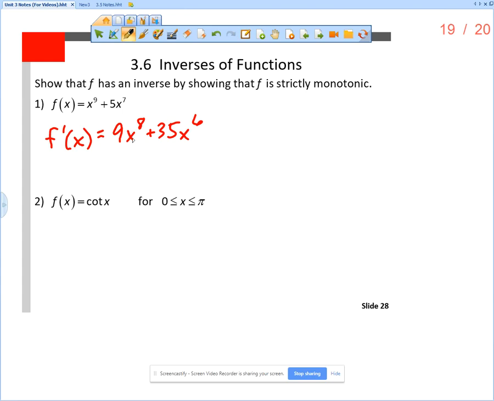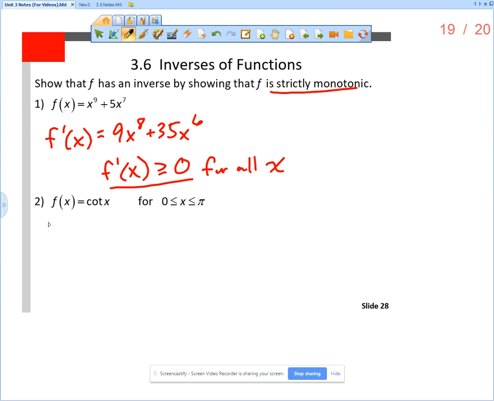So 9 times a positive number plus 35 times a positive number is going to be positive, unless we plug 0 in, which would be 9 times 0 plus 35 times 0, so that would equal 0. So f prime is, in fact, greater than or equal to 0 for all x. And so, since this is true, we can say that f is strictly monotonic.